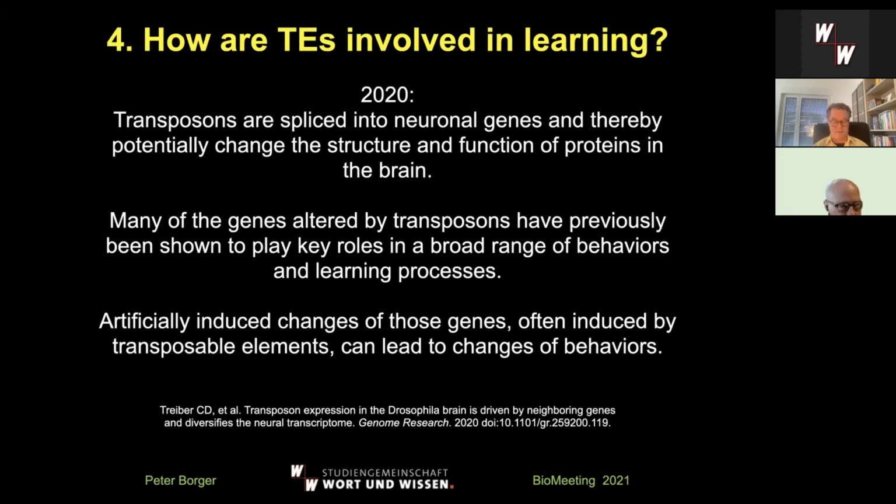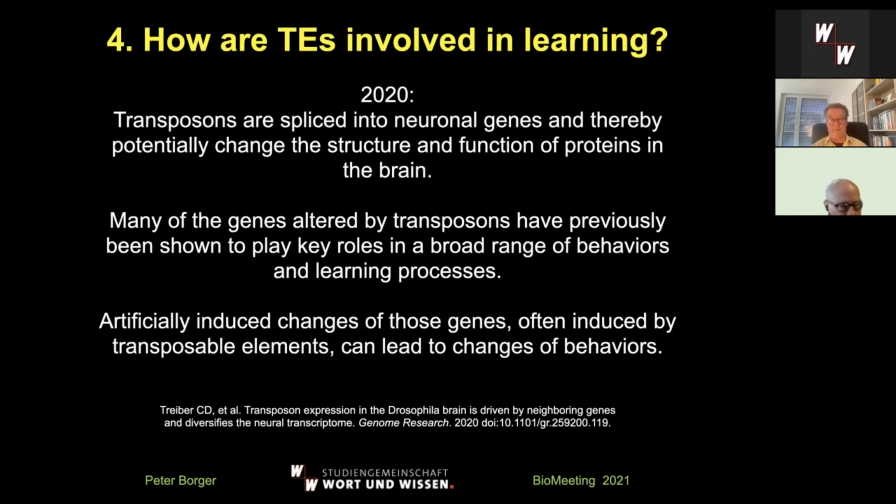But here we see that it is controlled and highly specifically integrated in these genes, so that the function of these proteins in the brain changes. So this must be a highly controlled and highly regulated process, of which we only start to scratch the surface.